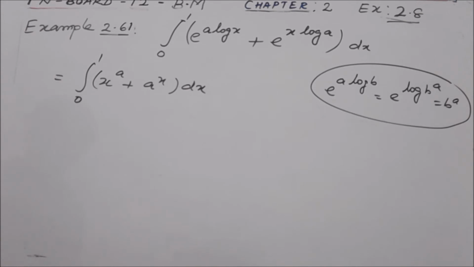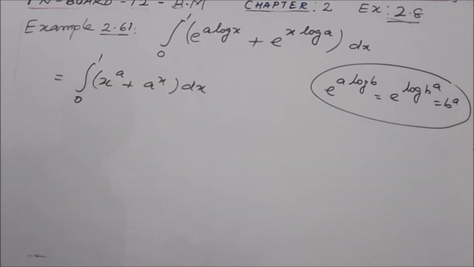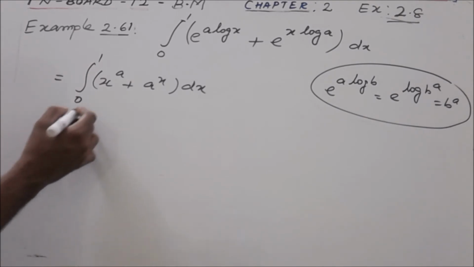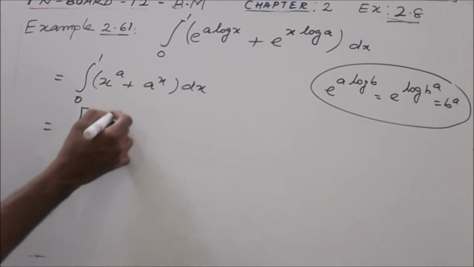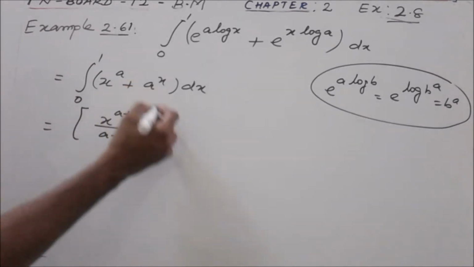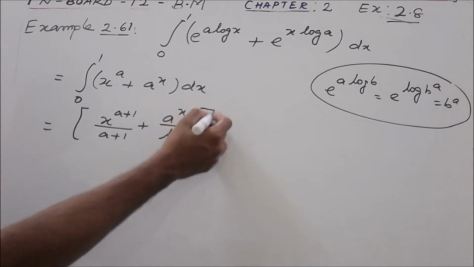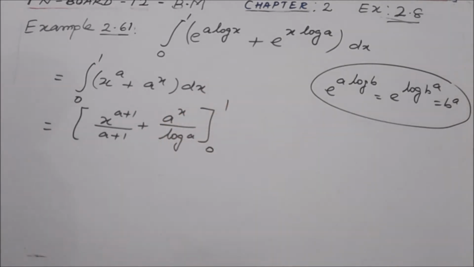Now this is x power n formula, this is a power x formula. Here a is a constant. So by integrating, x power a plus 1 divided by a plus 1 plus a power x divided by log a, from 0 to 1. This is very simple.